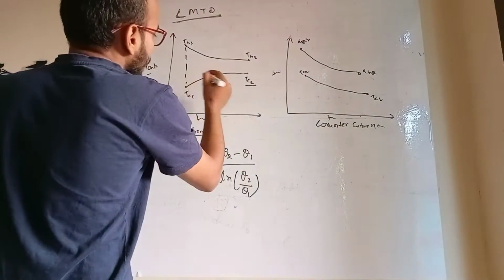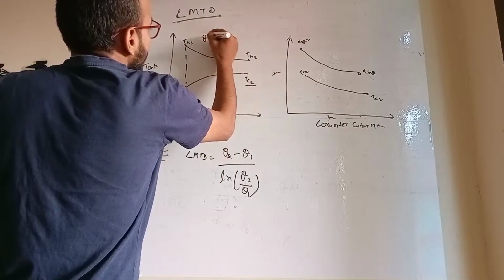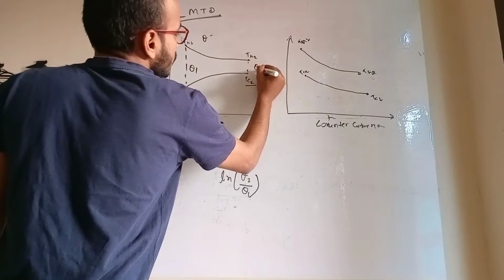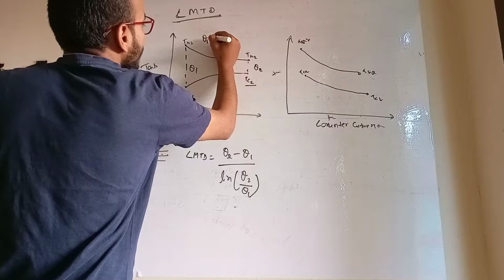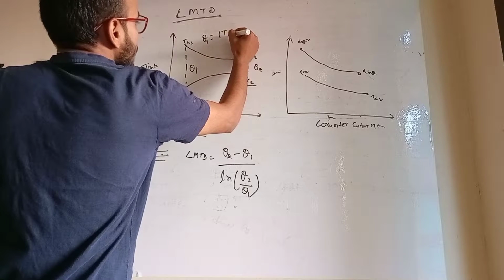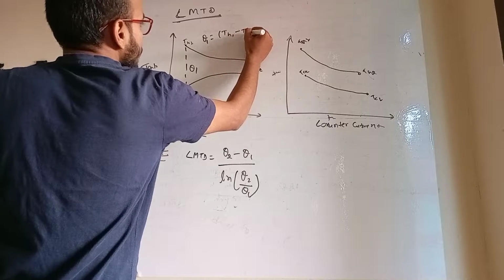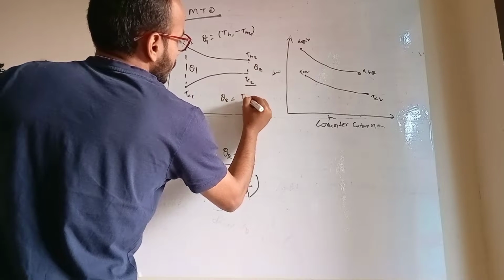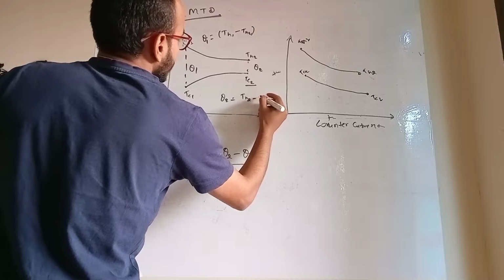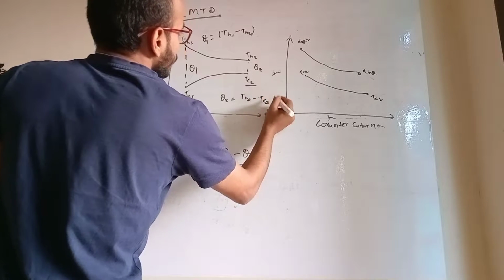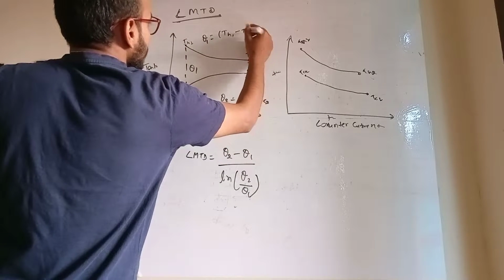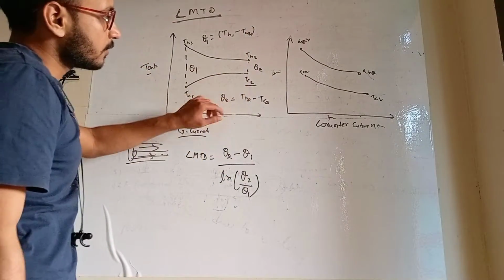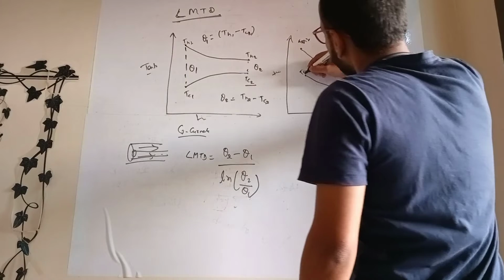You can assume any one. Suppose we call this one theta 1 and this one theta 2. So what will be theta 1? TH1 minus TC1 for theta 1, and TH2 minus TC2 for theta 2. For here, what will be theta 1?